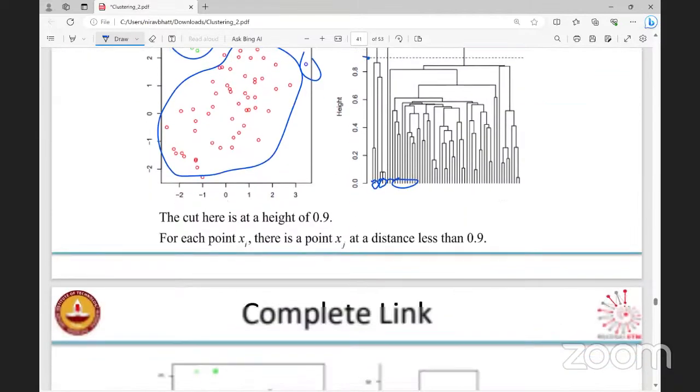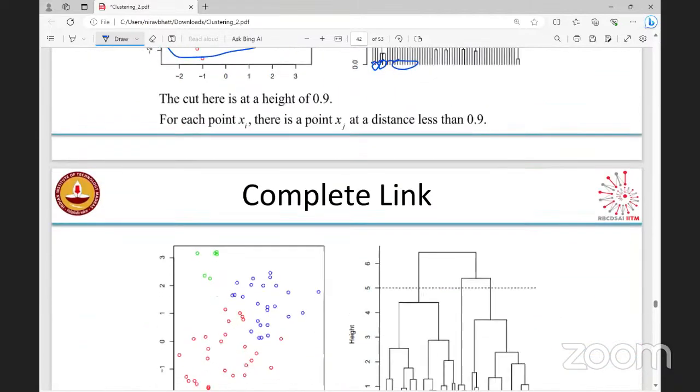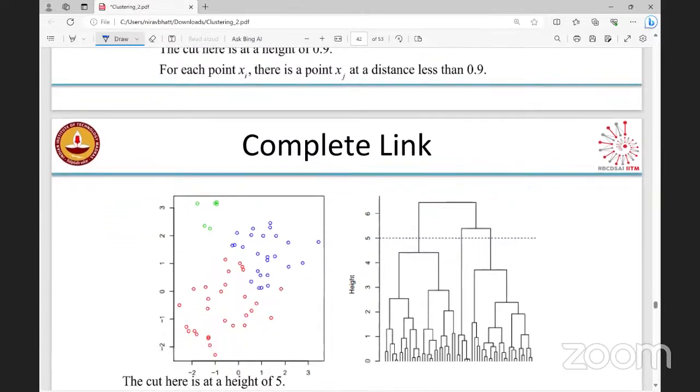In the same way, I can do complete link, where you look at the distance to the farthest point between two clusters, and create this dendrogram, and decide what the height should be. I have decided the height being 5. Again, I have a first, second and third cluster.